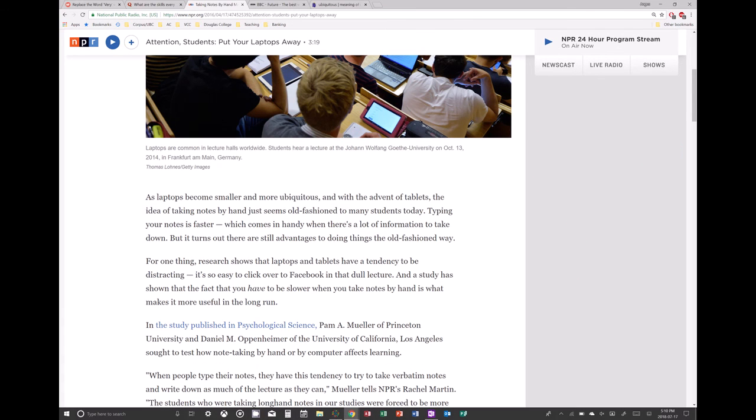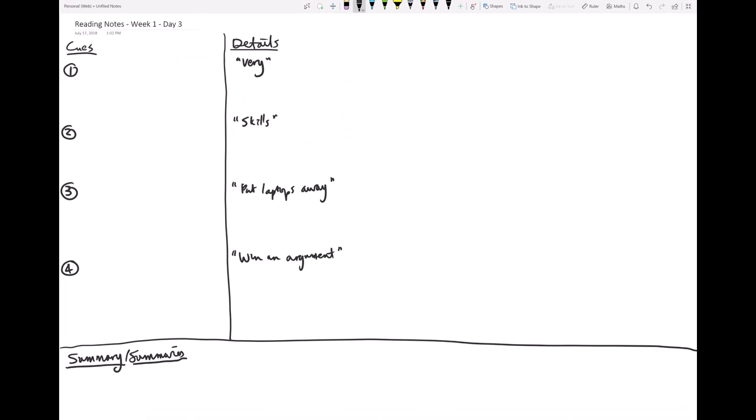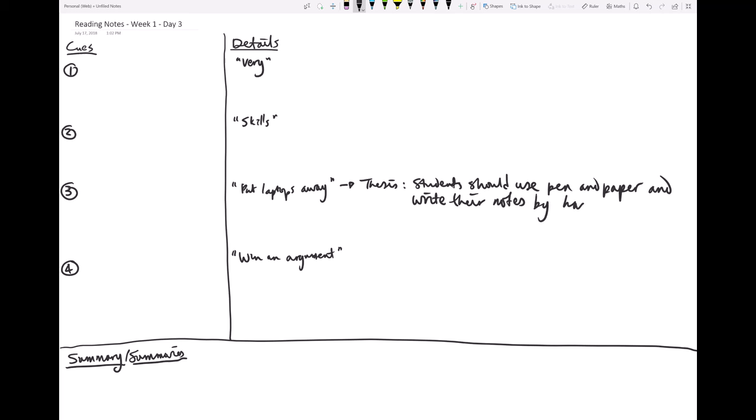So in my Cornell notes, it might look something like this. Oh, okay, to put your laptops away. Well, the thesis would be: students should use pen and paper and write their notes by hand.